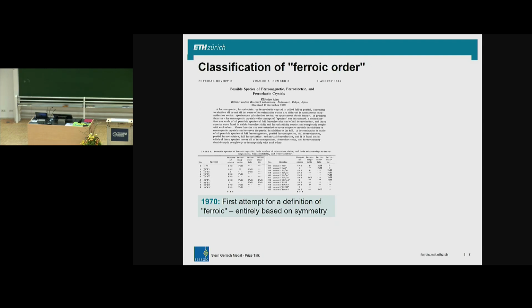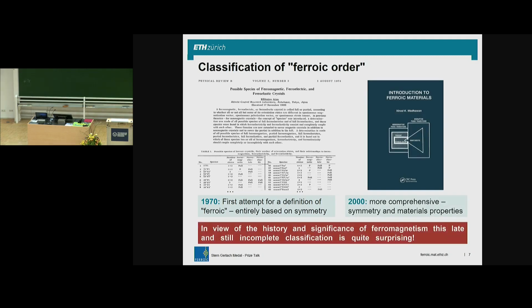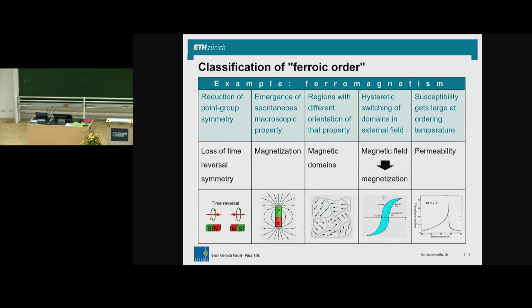And if you look at the books that really define ferroic as a materials concept, only one, 2000. That's it. So that means that's, first of all, very surprising. And second, it means that there are lots of little discrepancies, controversial discussions, and so on, what actually is a ferroic state.